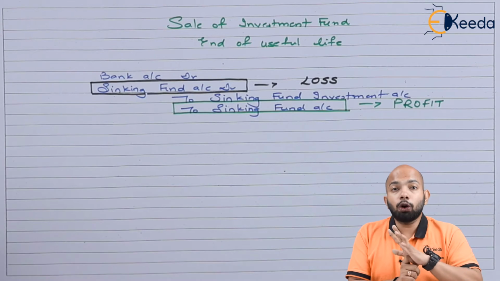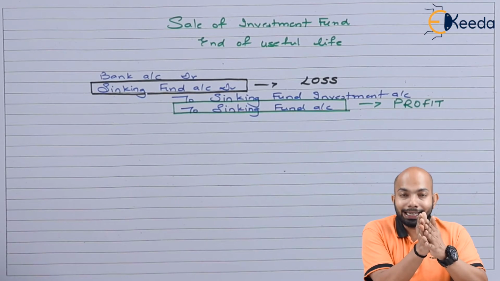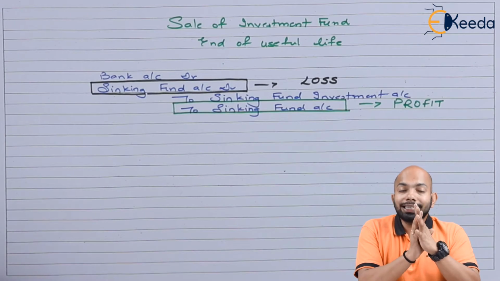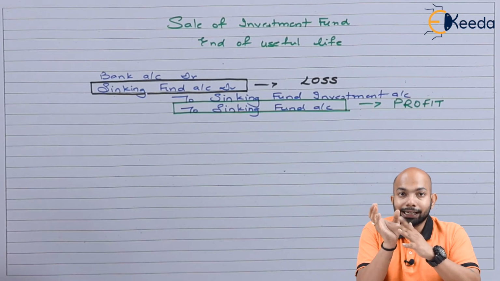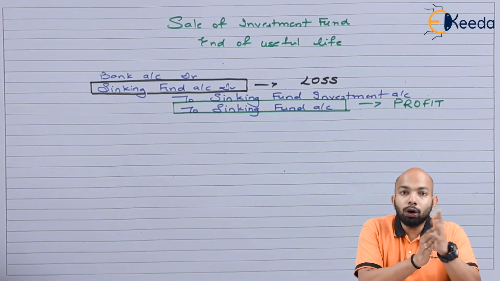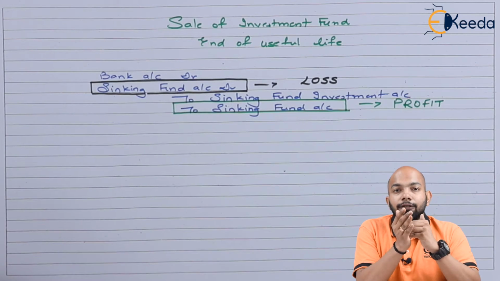But if there is a profit on sale of this investment, then sinking fund account is supposed to be credited. So the entry will be bank account debit to sinking fund investment account, to sinking fund account. That sinking fund which has been credited is for the profit amount. But if sale of this specific investment gives you loss here, then same sinking fund will be debited.